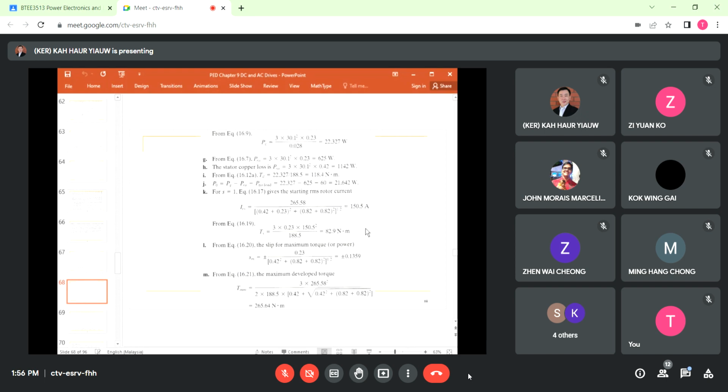the starting RMS rotor current Irs is equal to 150.5 amps, and from equation 19, Ts is equal to 82.9 Newton meter. In equation 20, Sm is plus minus 0.1359. Maximum developed torque Tmm is equal to 265.64 Newton meter.